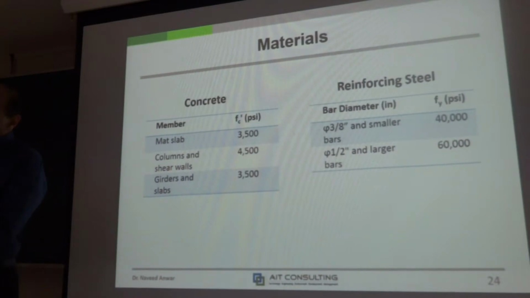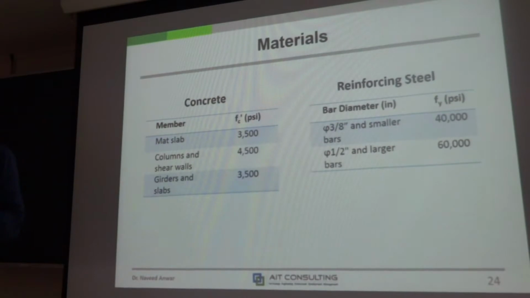And not only that, columns at lower level will use higher strength. As you go along, the column strength will decrease. So not only the concrete in every structure type is different, it also varies with height. So that means you cannot just specify a concrete strength of 21 or 33,000 and say, oh, I'm done.